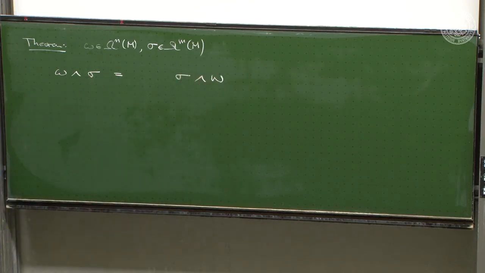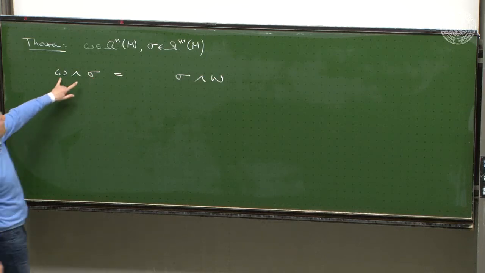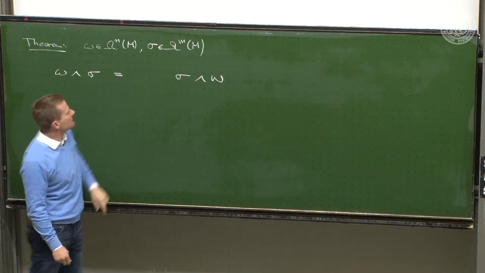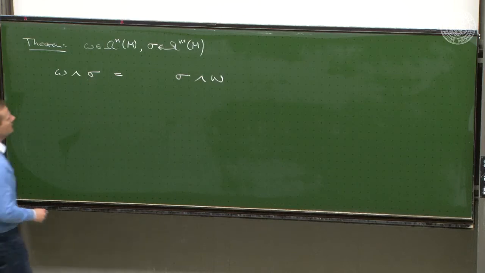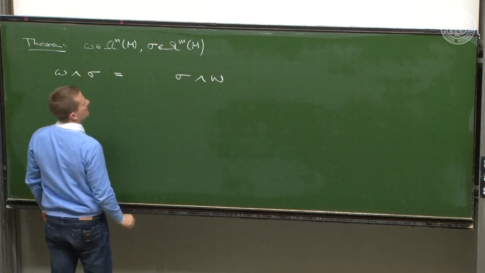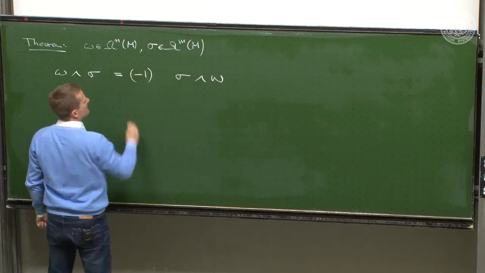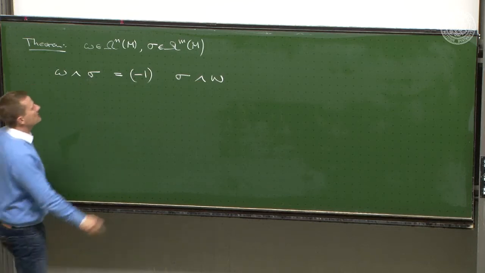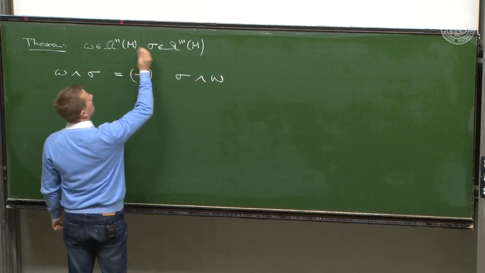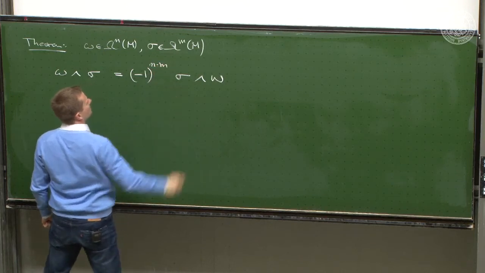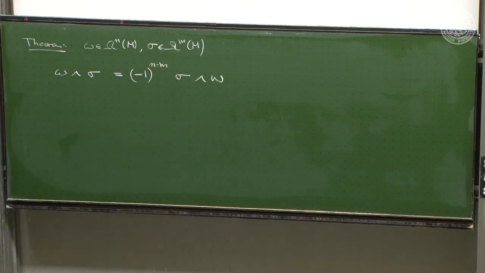What happens if you flip the two? Well, if they belong to specific subspaces of the Grassmann algebra, then it's very simple to say what they do. They pick up a minus sign, namely how many? Minus 1 to the n times m, the degree of sigma times the degree of omega.